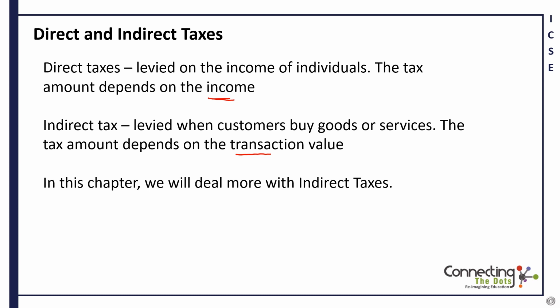If you buy a toothbrush, then the cost of the toothbrush is much lower, and therefore the tax is lower as well. So the amount of indirect tax that applies depends on the transaction value. In this chapter, we will specifically deal with indirect taxes.